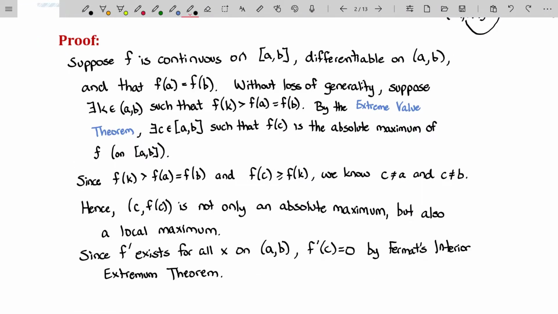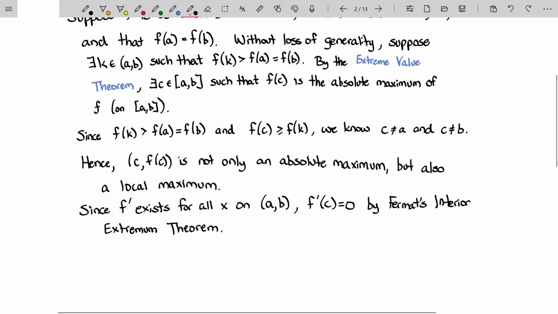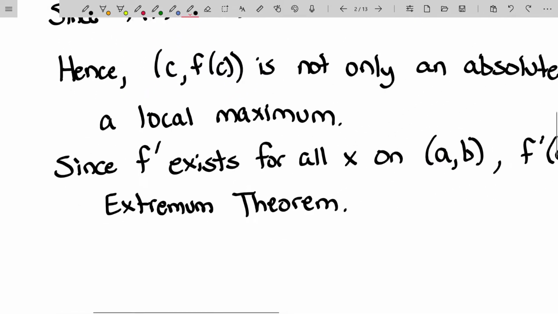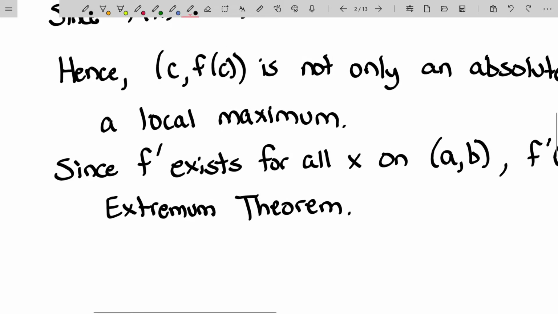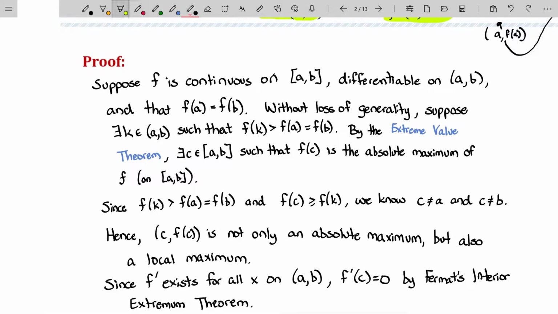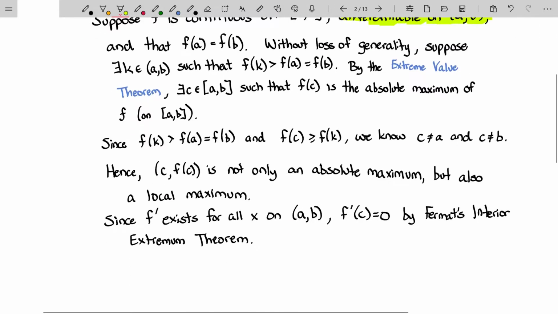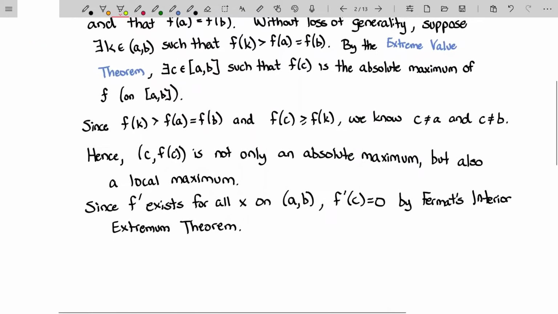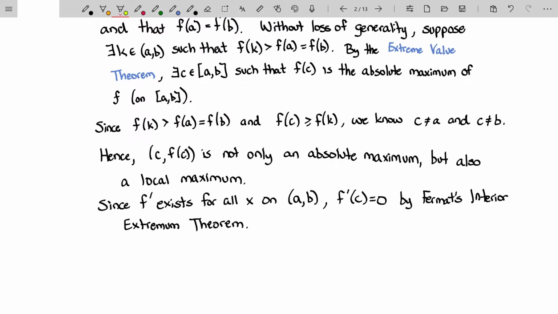And that punchline is that since f prime exists for all x on a to b, because of our assumption that f is differentiable on a to b, and because we know that f has a local maximum at c, then f prime of c must be 0 by Fermat's interior extremum theorem.